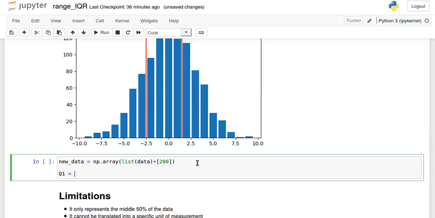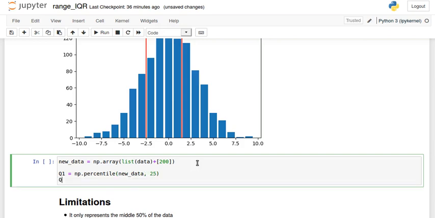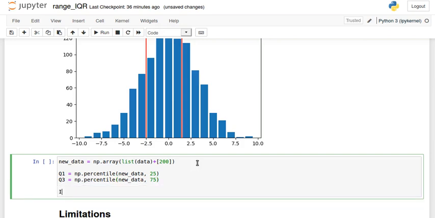Quartile 1 will be, quartile 3 will be, and interquartile range will be quartile 3 minus quartile 1.